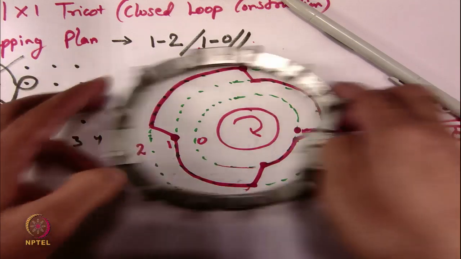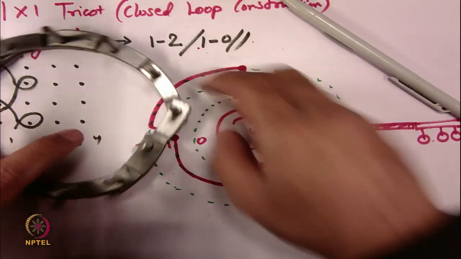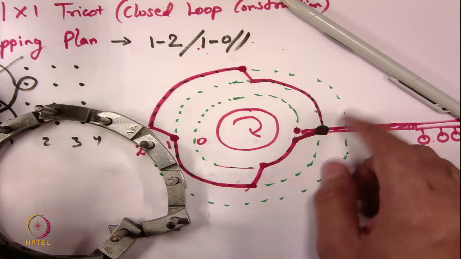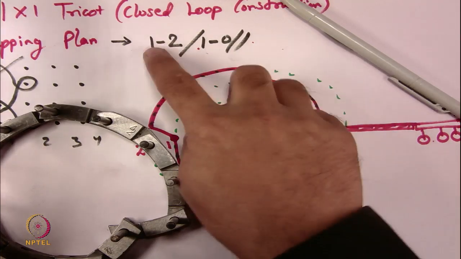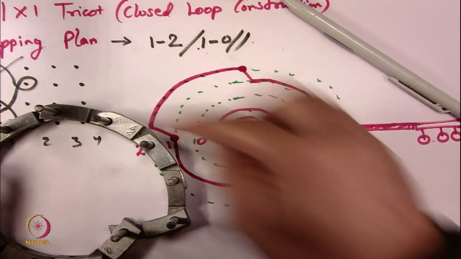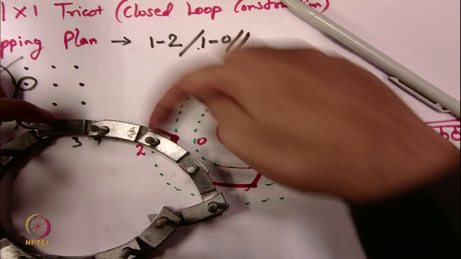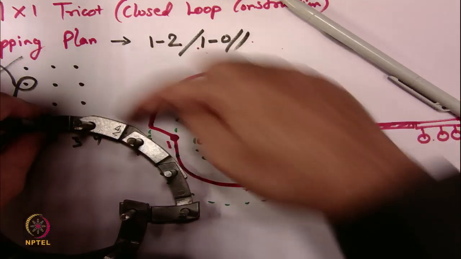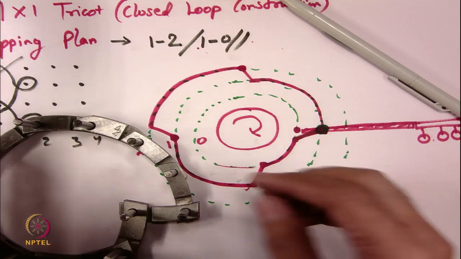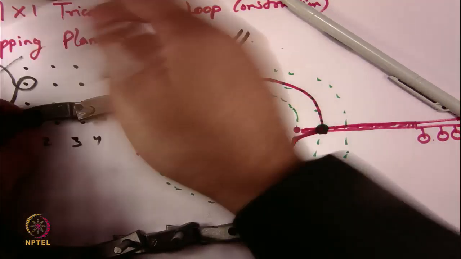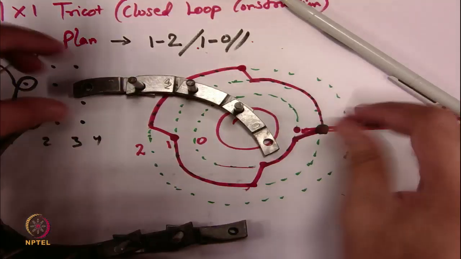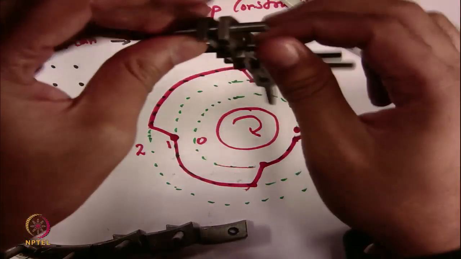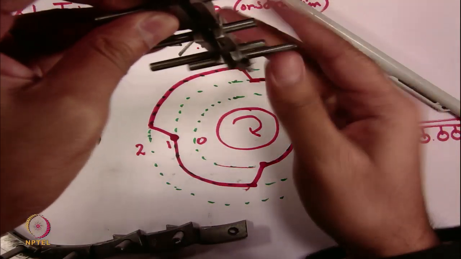So far if you see this particular design, only 4 links have to be used, 1 2 1 0. For this particular pattern drum only 4 links are required, but the links can be bigger also, depending on what type of machine capability you have.